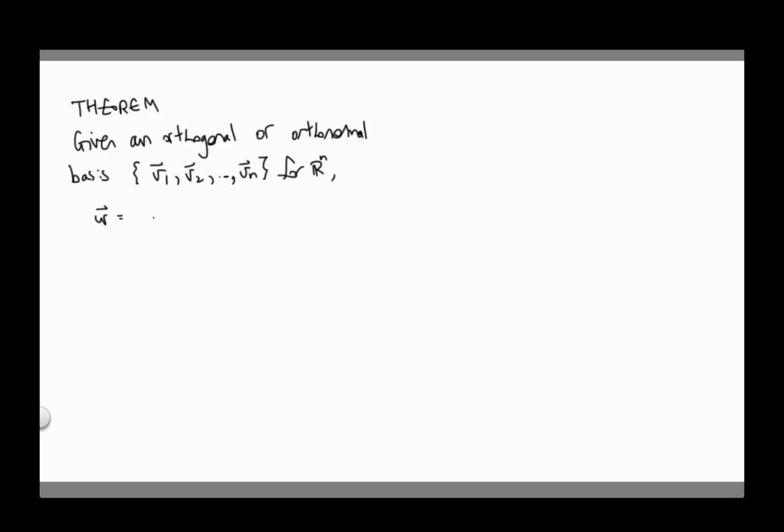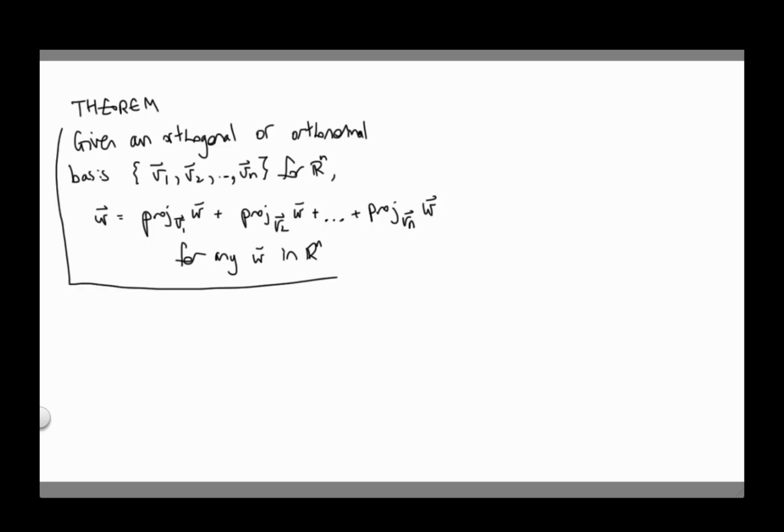So this is going to look like w is equal to the projection onto v1 of w plus the projection onto v2 of w, and we're going to have n terms like this. So plus dot dot dot projection onto Vn of w. And that would be true for any vector w in Rn.